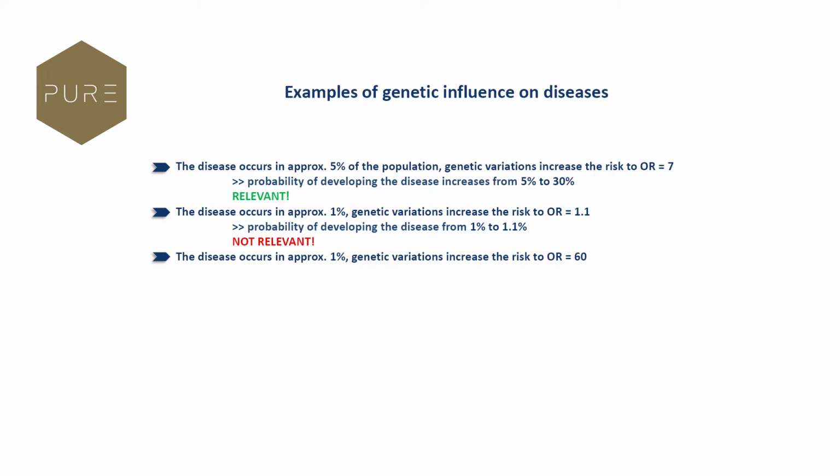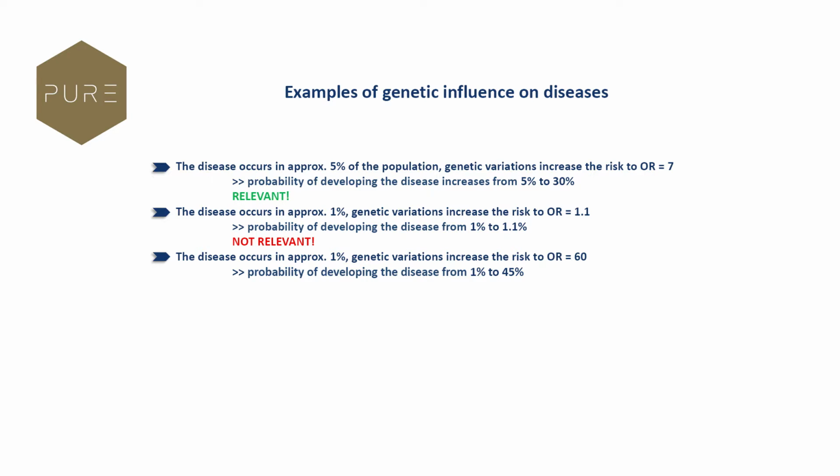Then the disease occurs in approximately 1%, and the genetic variation increases the risk to odds ratio 60. That's interesting. Even though the disease is relatively rare, the risk is quite high. And again it's not really 60%, 1 times 60, the calculation is different, but it goes from 1% to 45%. So again, from hardly a chance of developing it, it's a 50-50 chance that you will get it.